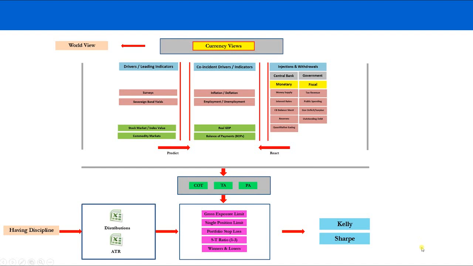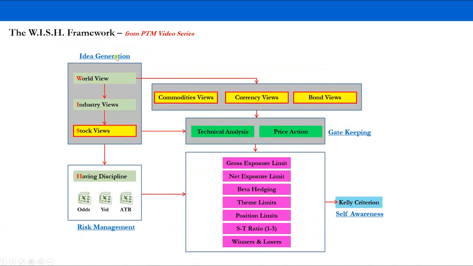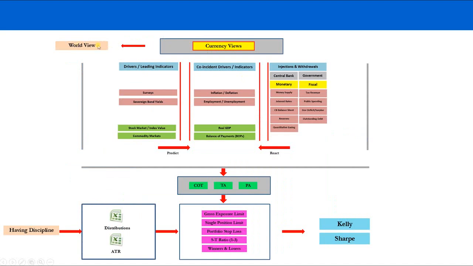Now, when we go into currency views overall, you'll see that the currency views are driving our worldview as well. So our worldview we can obtain in its entirety over here, and this can drive currency views, but currency views can also drive our worldview.